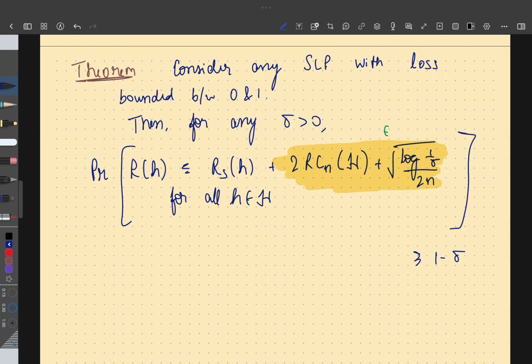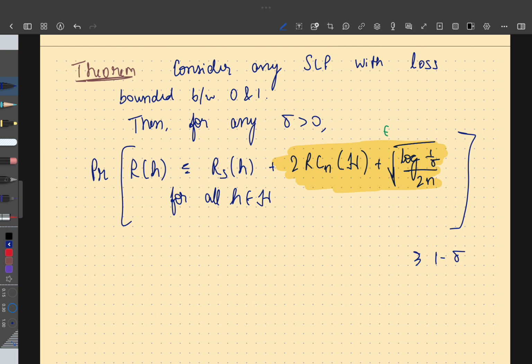For every h in my hypothesis class, the generalization error is epsilon close to the corresponding empirical risk, and the epsilon is precisely given by this quantity, 2 times the Rademacher complexity plus something that decays as 1 over n, so as 1 over square root of n. So as n becomes large, at least this second term goes down to 0, and hopefully the Rademacher complexity, though we don't know yet how the Rademacher complexity depends as a function of n.